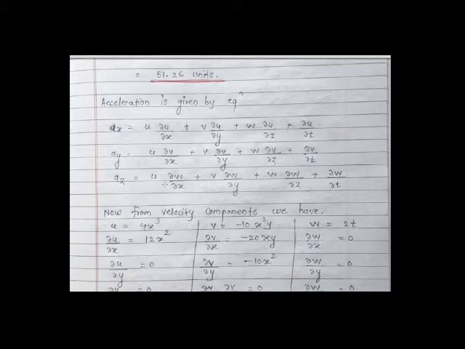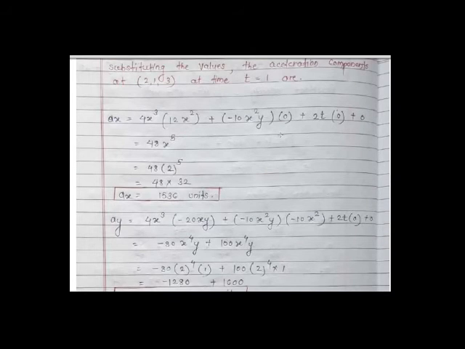After solving this, we get 48x raised to 5. The value of x here is 2. Put this value, then we get 48 into 2 raised to 5. So ax is equal to 1536 units.